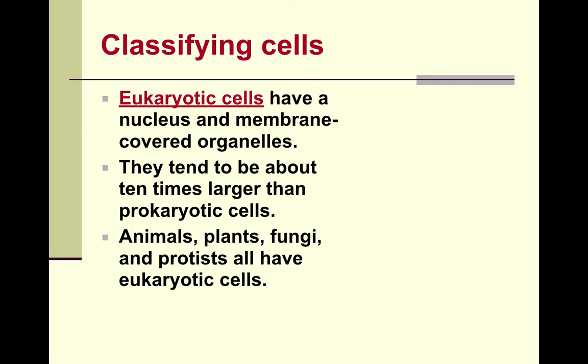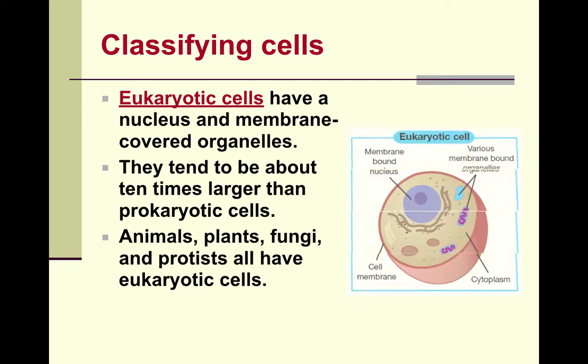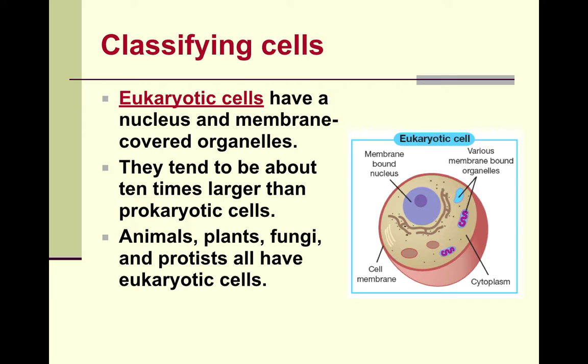The second kind of cell is a eukaryotic cell. It has a nucleus and membrane covered organelles. They are larger than the prokaryotic cells, and all animals and plants, as well as fungi and protists, have eukaryotic cells.